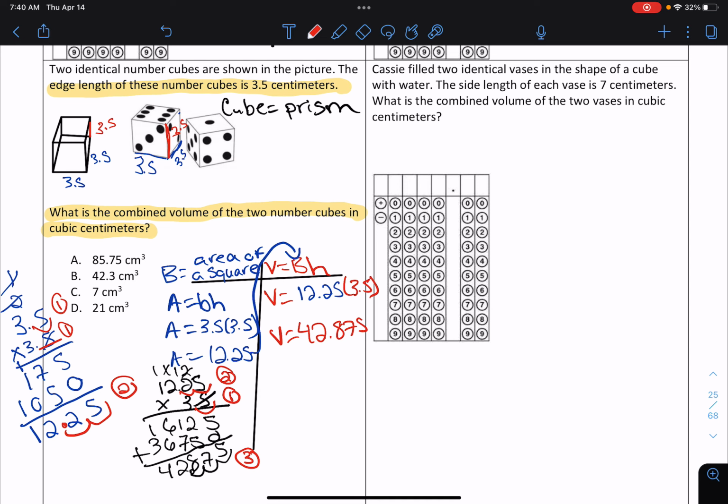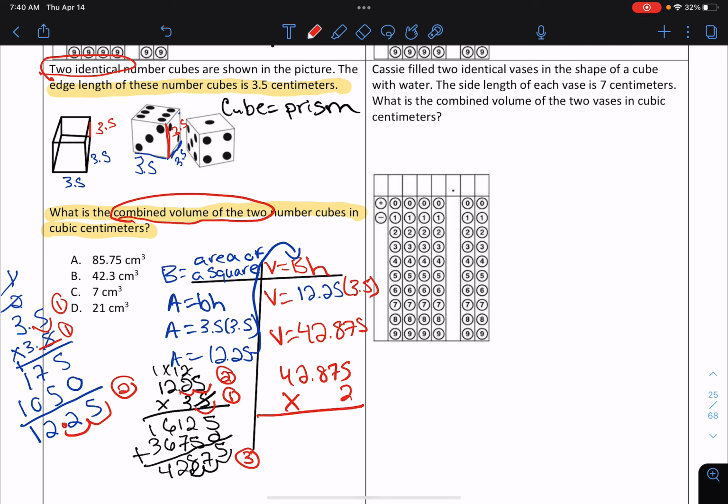But how many cubes do we have? 2 identical cubes. And remember, your question said combined volume of the 2. So if you have 2 cubes and you want the combined volume of the 2, what do you think you have to do? That is correct. Multiply 42.875 times 2. Okay, and then that's going to give you your answer.